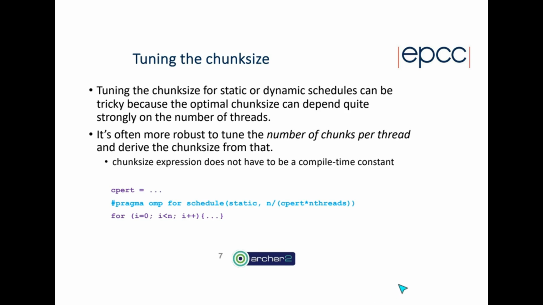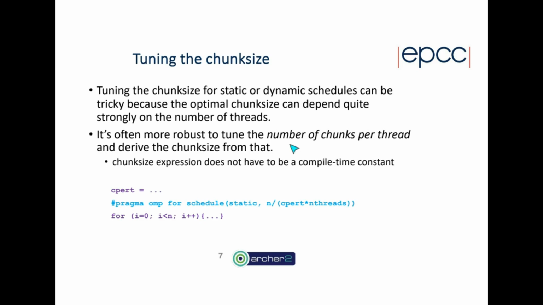But for static and dynamic, we have to choose the chunk size, and tuning the code can be quite difficult because the optimal chunk size may depend fairly strongly on the number of threads that are used to execute it. And in general, we want to write code that will work well on any number of threads and not be specialized for a certain number of threads.